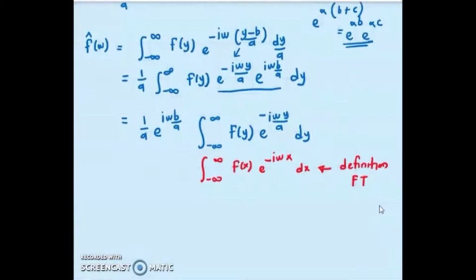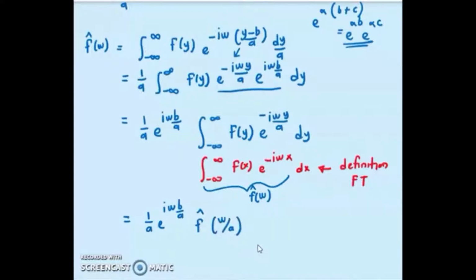So if you look at here now, the difference is that now we have omega over a. If this is known as f hat of omega, then you will have 1 over a, e to the i omega b over a, f hat of omega over a.